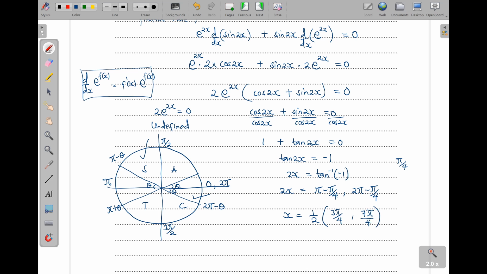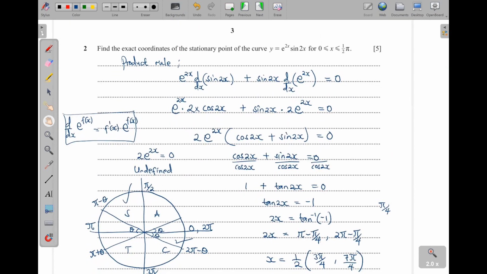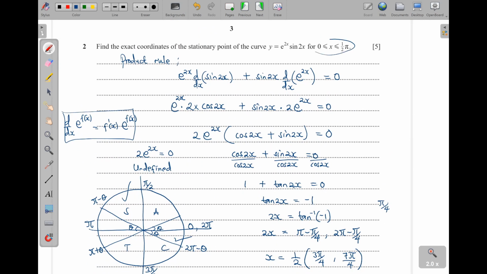Okay? So meaning that x can be equivalent to 3 pi over 8, and then 7 pi over 8.